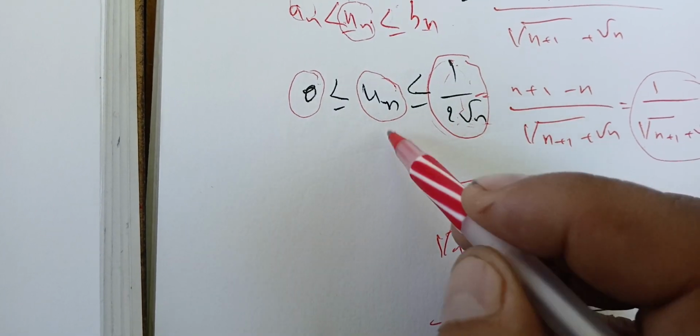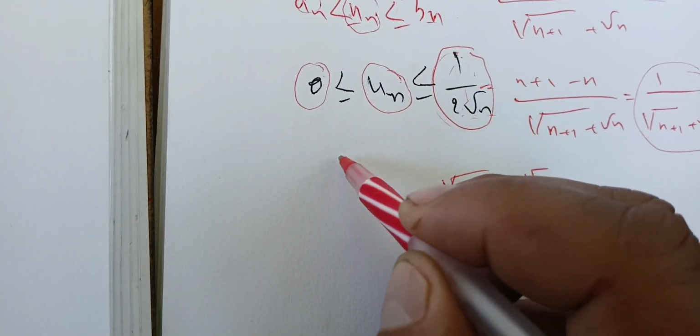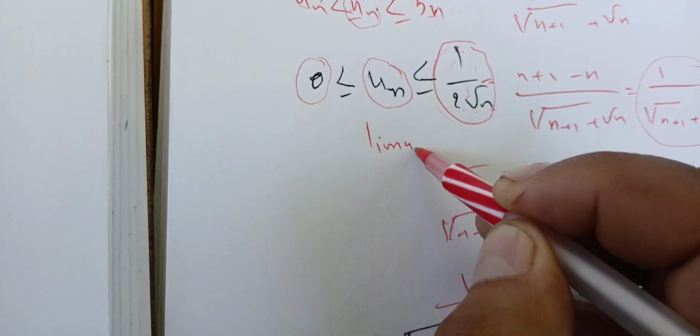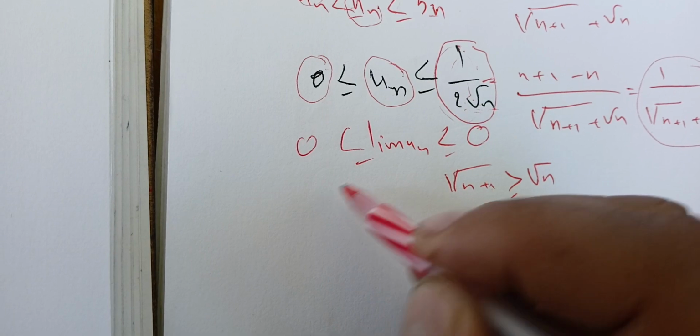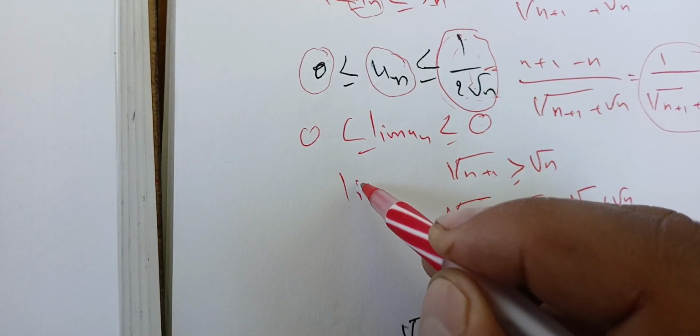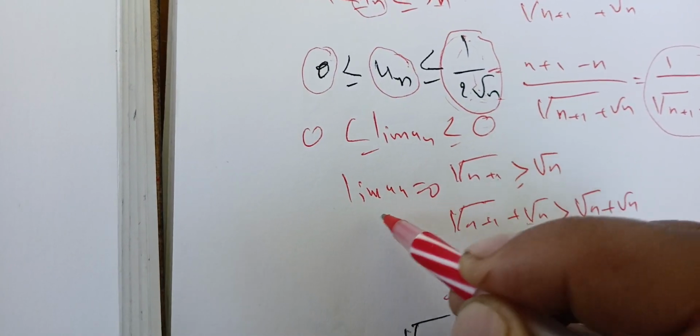So the limit of this one is 0, and this one is 0. Therefore, the limit of u_n is 0.